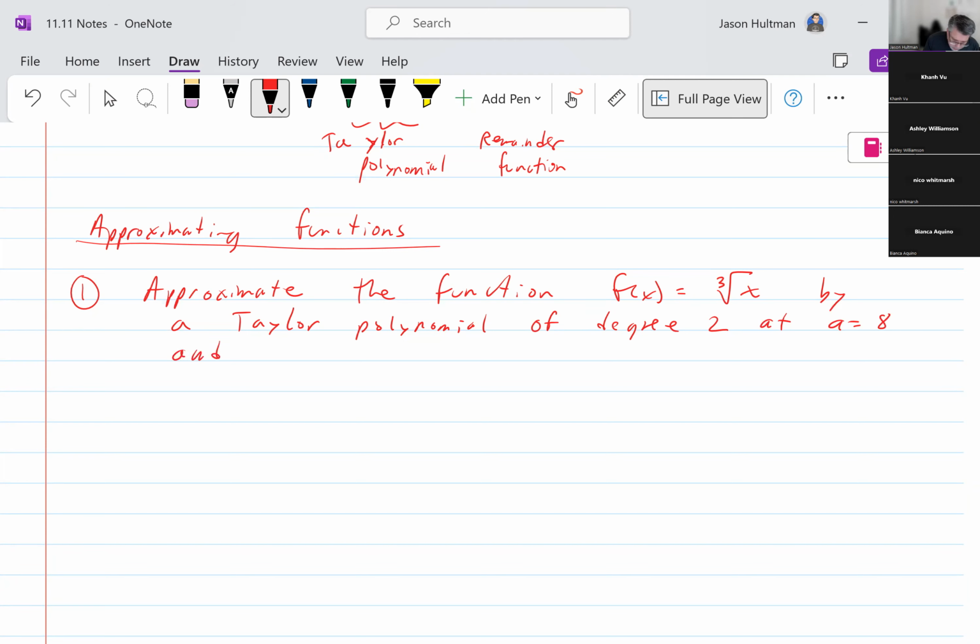And find the accuracy of this approximation for x less than or equal to 7, or sorry, x less than or equal to 9, but greater than or equal to 7. Okay, x is between 7 and 9, inclusive.